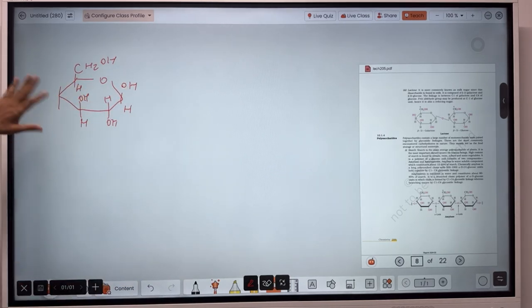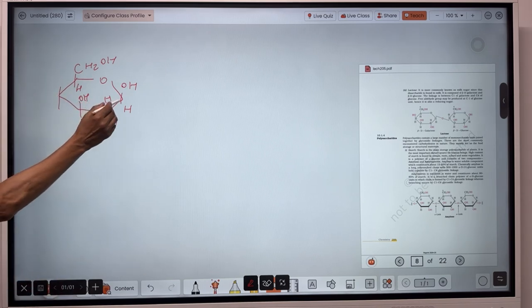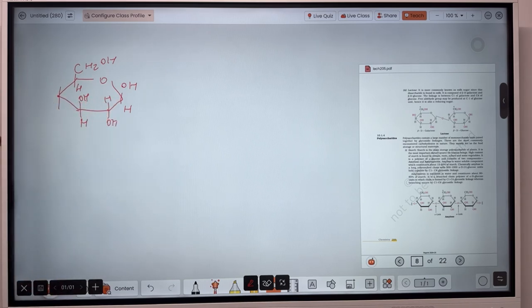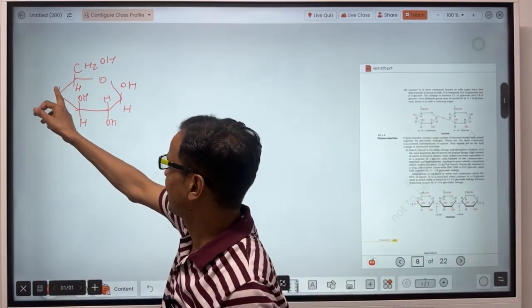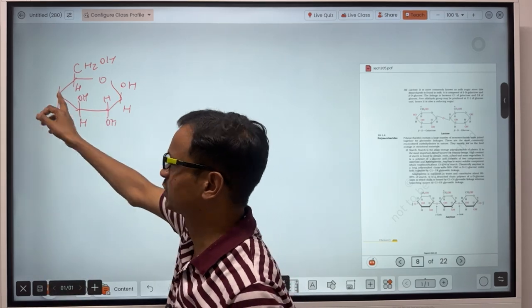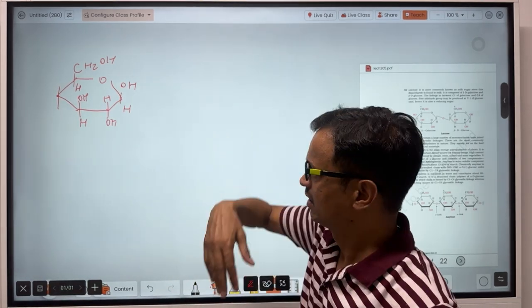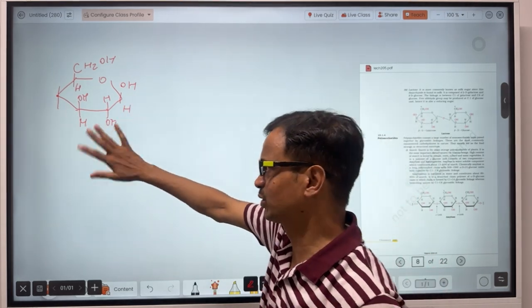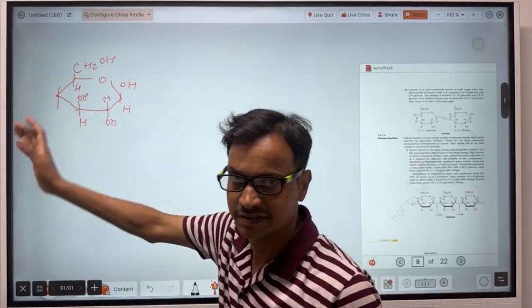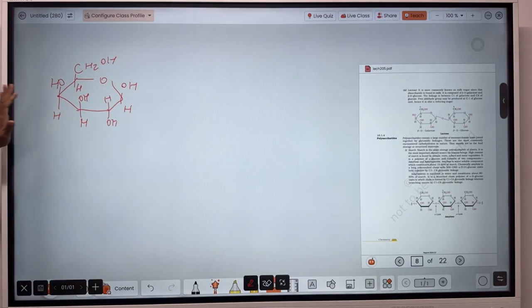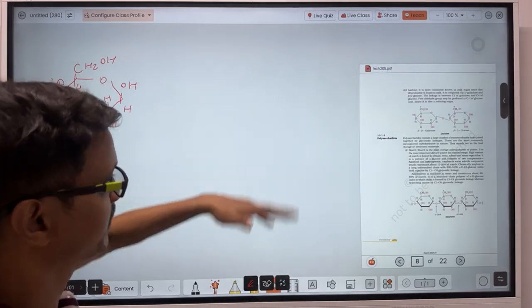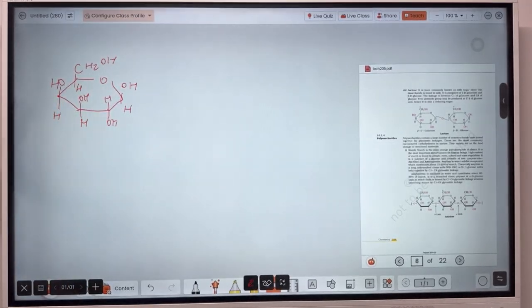The difference between glucose and galactose is at the fourth carbon atom: in glucose, the OH is below and hydrogen above, but in galactose, the OH will be above. That's the only difference, a meager difference between beta-D galactose and beta-D glucose. So this is beta-D galactose.